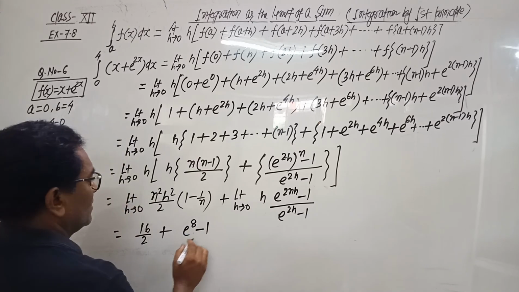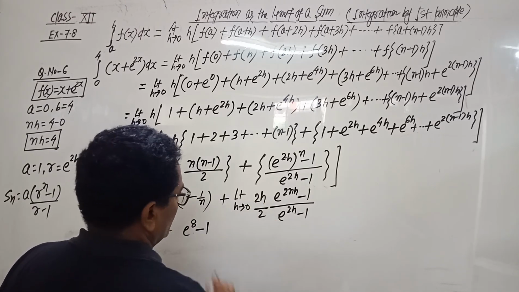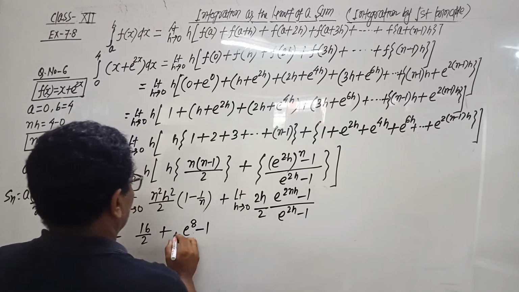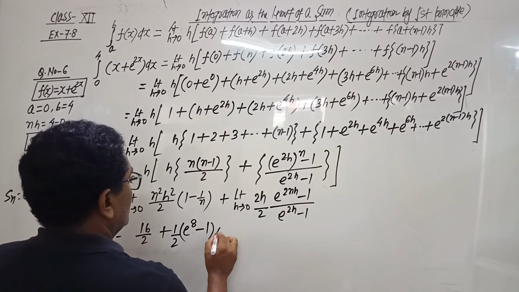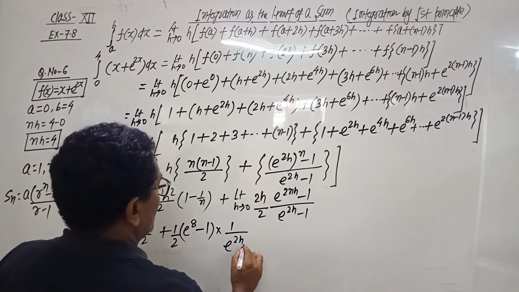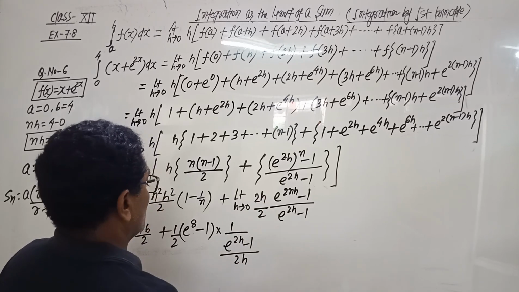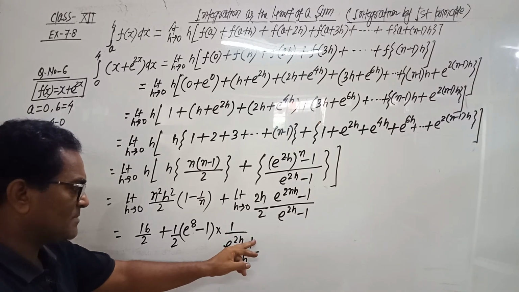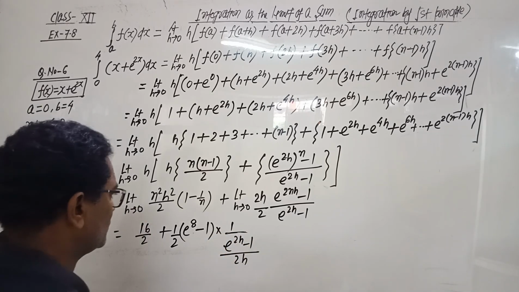And here we can multiply and divide by 2. So we get this expression 1 by 2 into, this can be written as 1 upon (e raised to the power 2h minus 1) upon 2h. So from the formula, e raised to the power x minus 1 upon x, this term becomes 1. 1 divided by 1 we get 1.